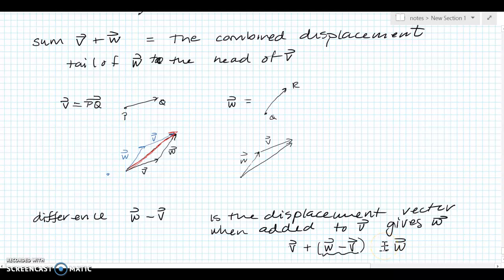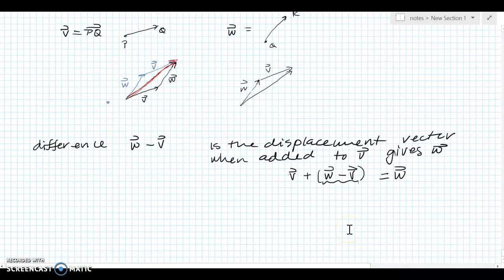So what in the world does that mean? When you add it to V, you get W. So here's W, up 4 over 3.